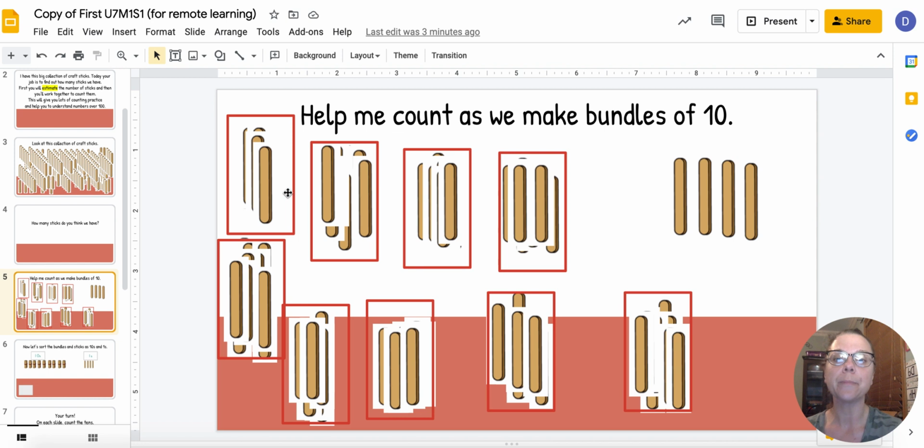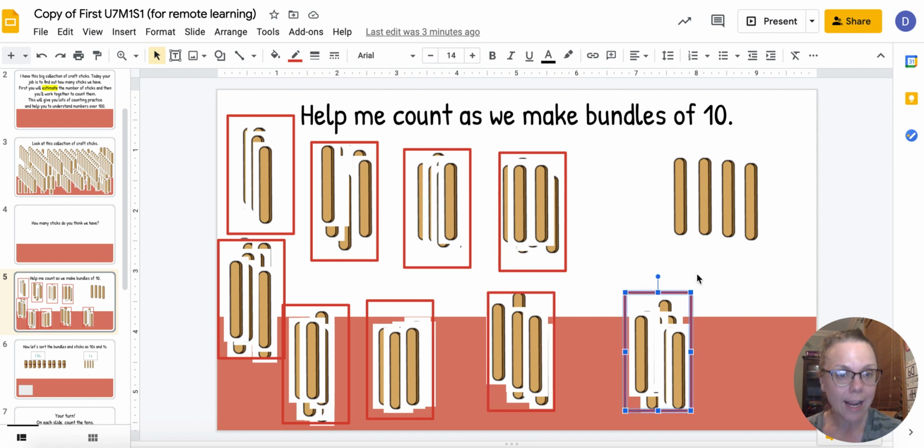Let's try it. 10, 20, 30, 40, 50, 60, 70, 80, 90. And these are not in a box. So these must have been extras after. After I was done dragging them over by 10, I had some extras.